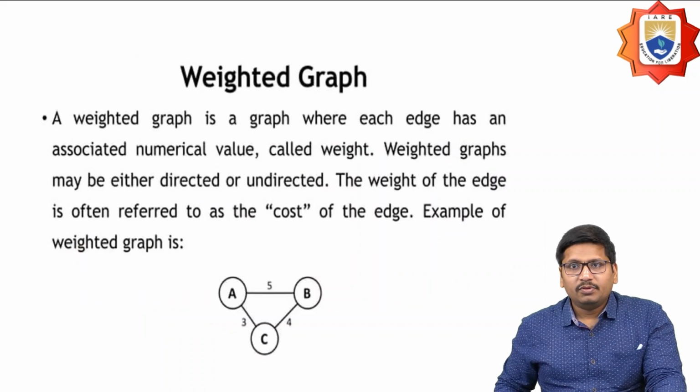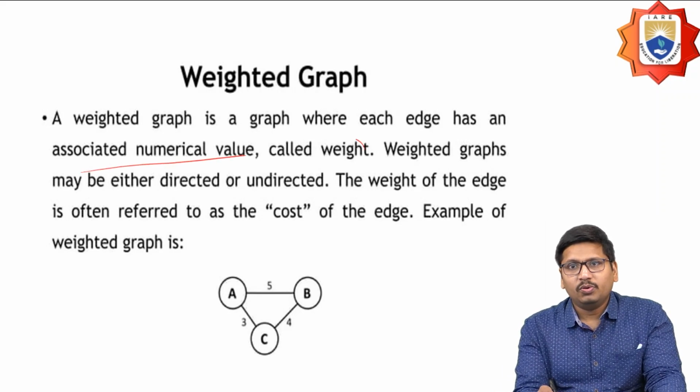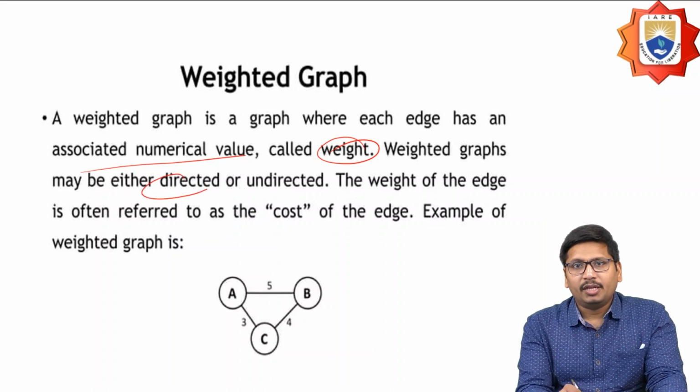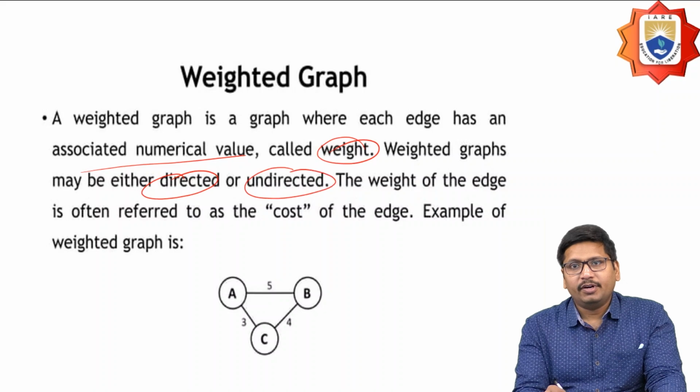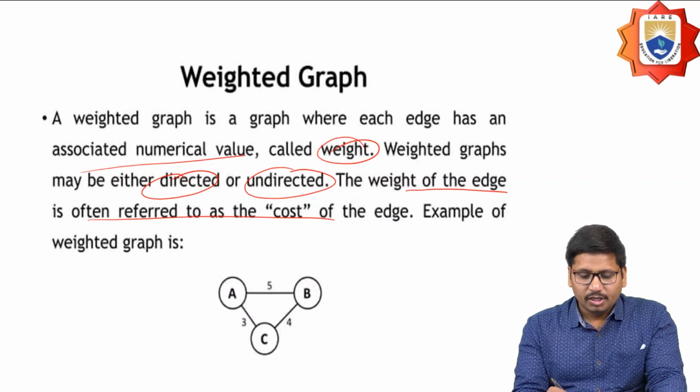So a weighted graph is the graph where each edge has an associated numerical value called a weight, and these weights may be used in the case of undirected graphs, and the weight of an edge is referred to as the cost of the edge here. Suppose the edges hold some values like 5, 3, 4.